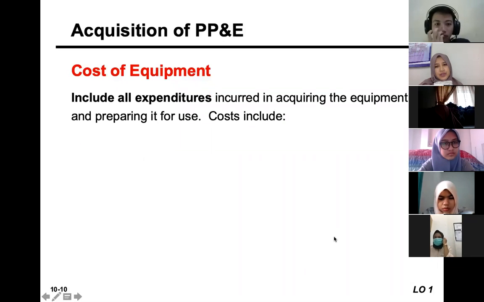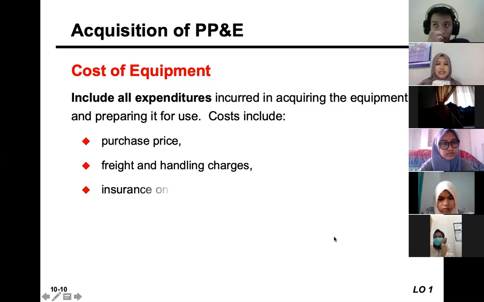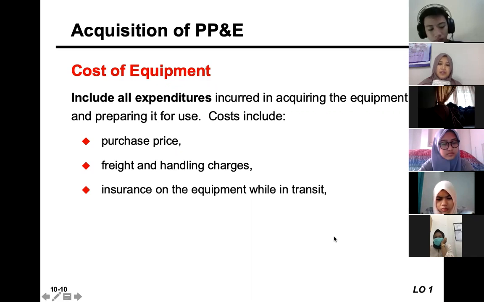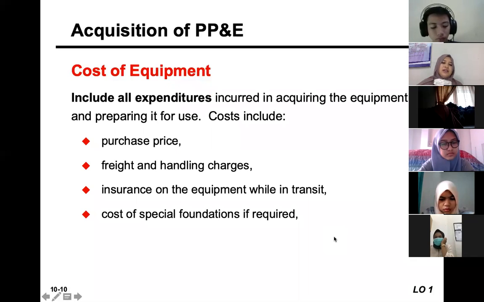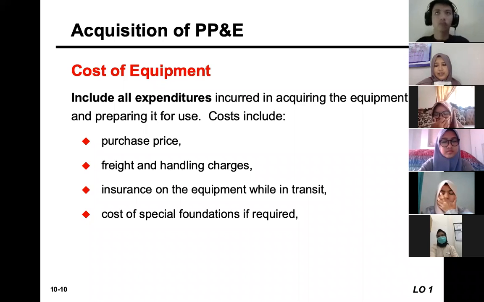Now, cost of equipment. They include the purchase price, freight handling charges, insurance on equipment while in transit, cost of special foundations. Certain equipment, sometimes when we want to use it in our company, needs a special foundation. So the cost of that special foundation also will be included in the cost of equipment.